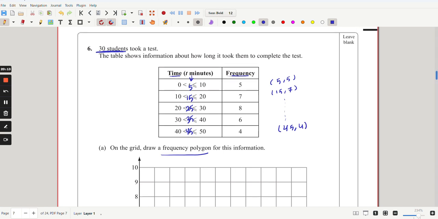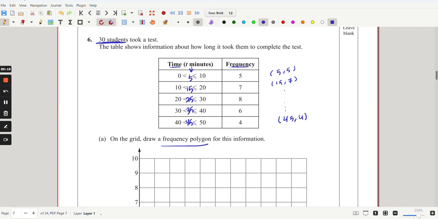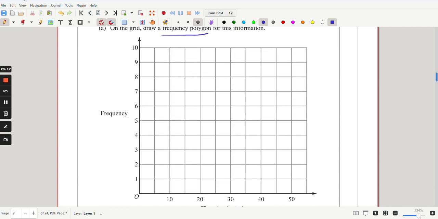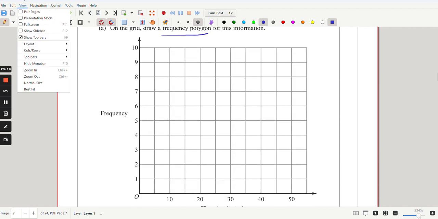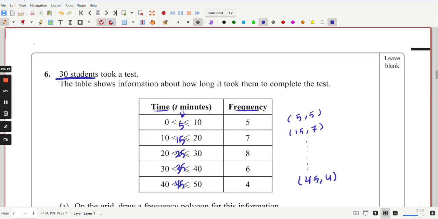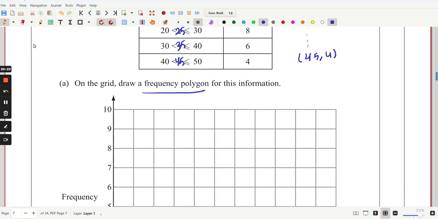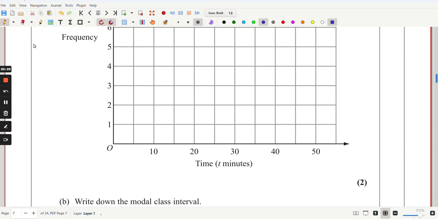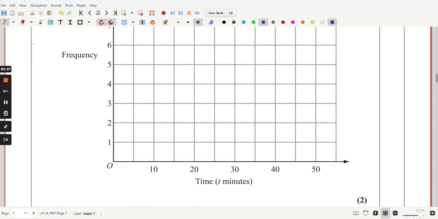So start with 5 and 5, here. The midpoint between 0 and 10 is 5, so 5 and 5 will be here.